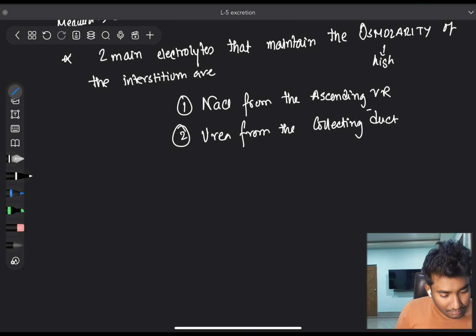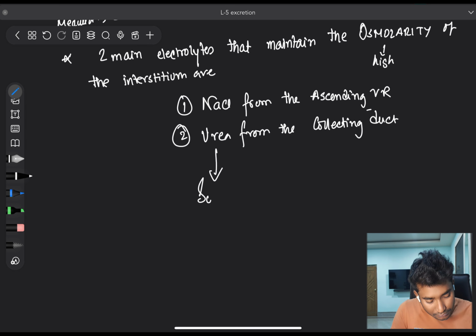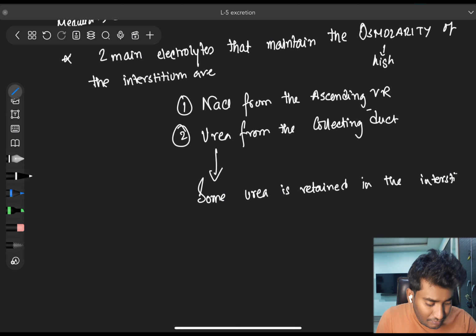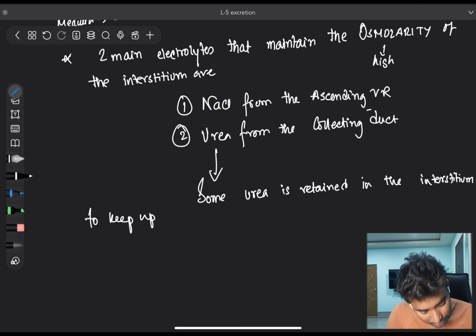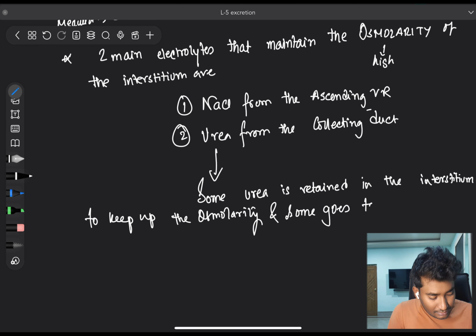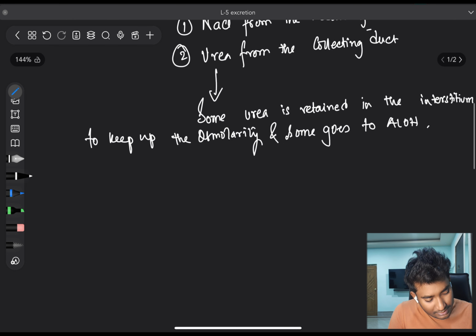Now some urea is retained in the interstitium to keep up the osmolarity, and some goes back to the ascending loop of Henle.